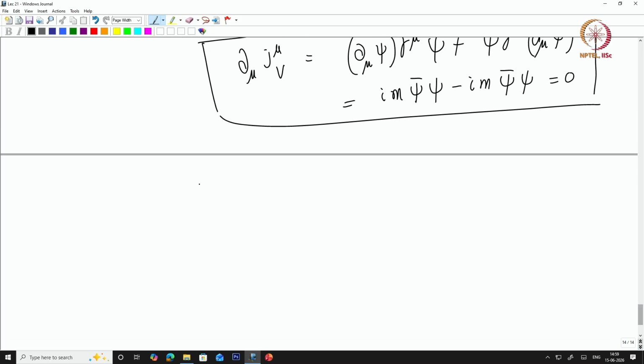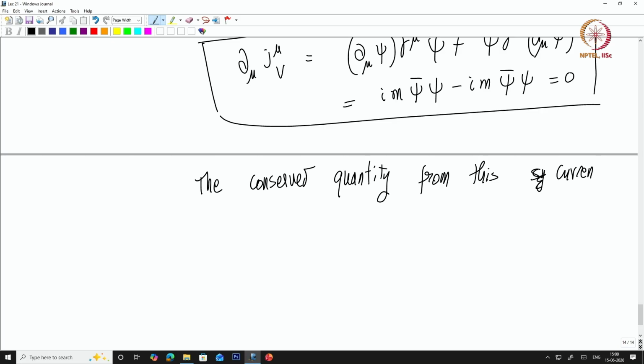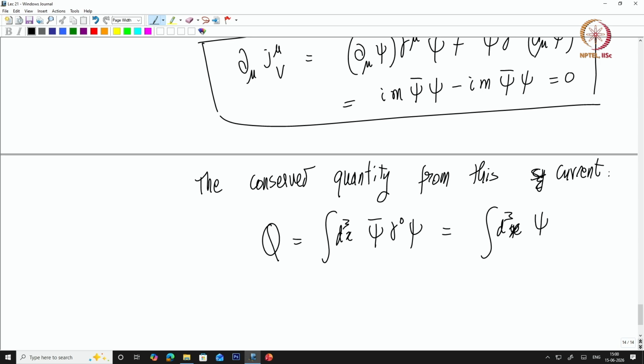Now the conserved quantity from this symmetry, I will talk about the symmetry in a minute, is Q equals the integral d cube x of psi bar gamma 0 psi, which is nothing but the integral d cube x of psi dagger psi.